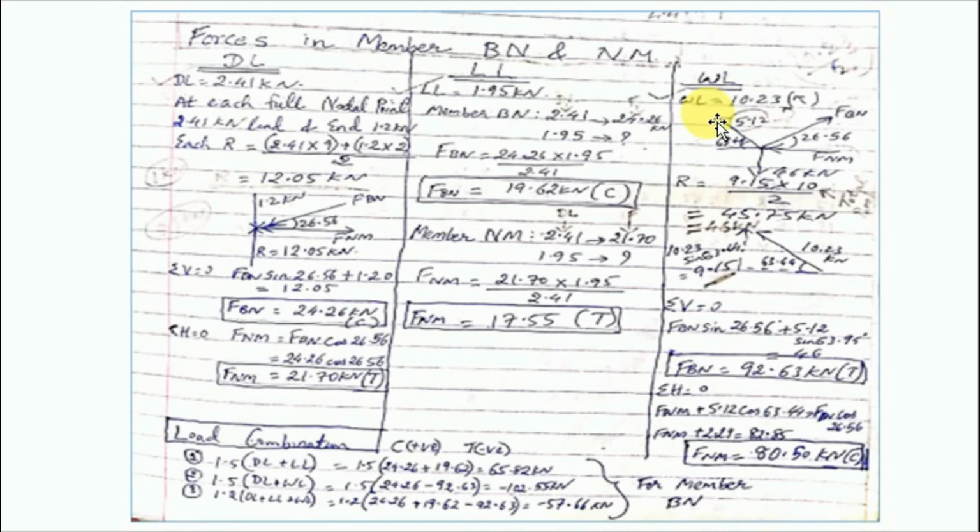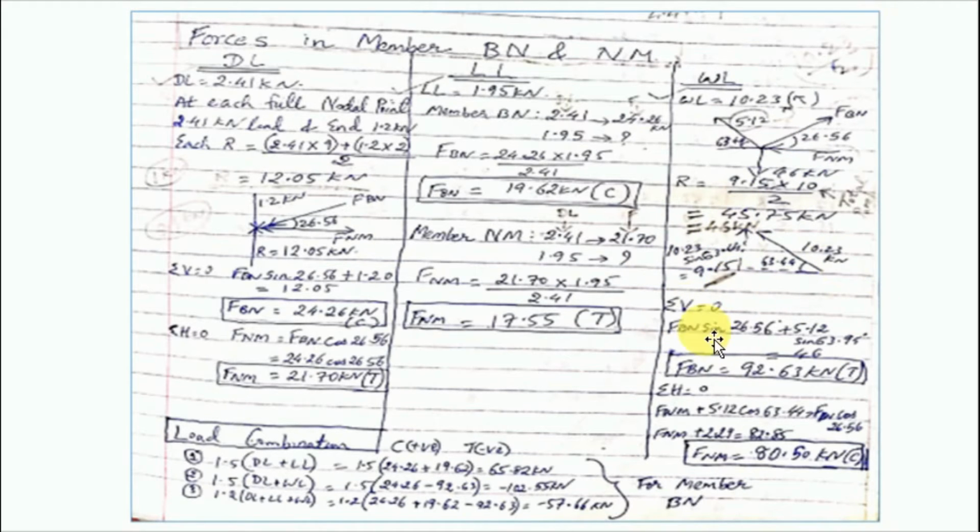Now there is calculation of wind load. We have already wind load from the previous videos. So in this figure we have to find the member forces in wind load. Similarly, we are finding reactions: 9.15 into 10 by 2 equal to, we are getting 4.6 kilonewton.